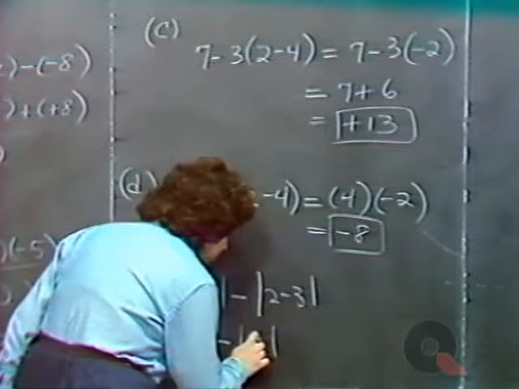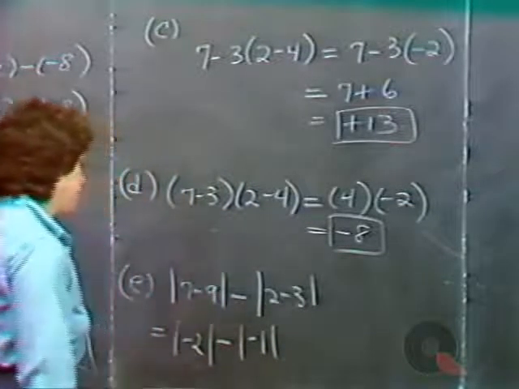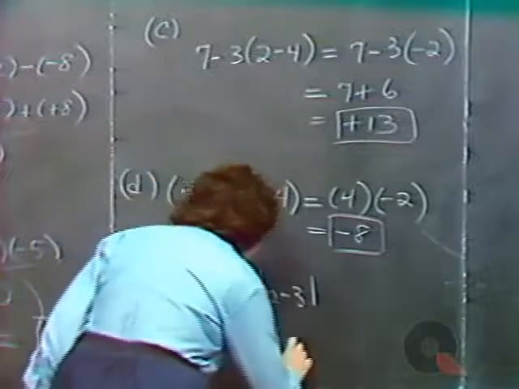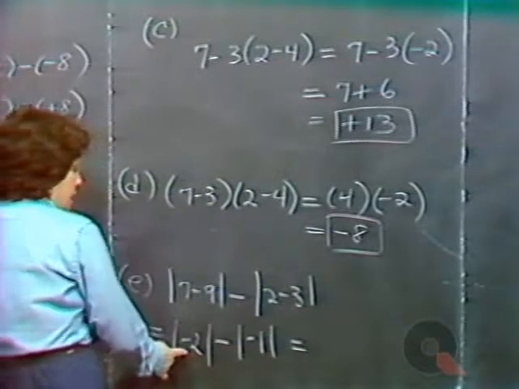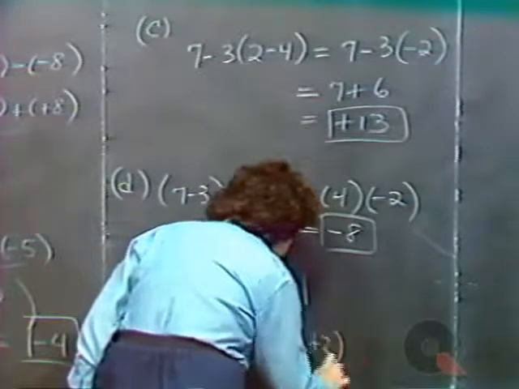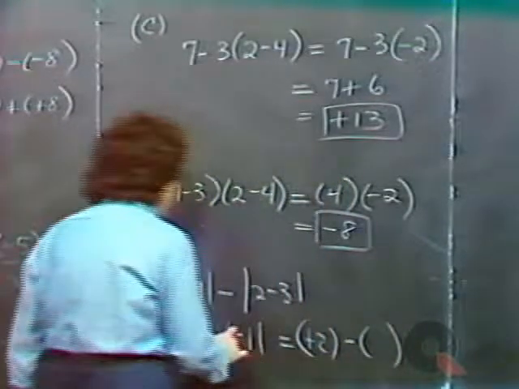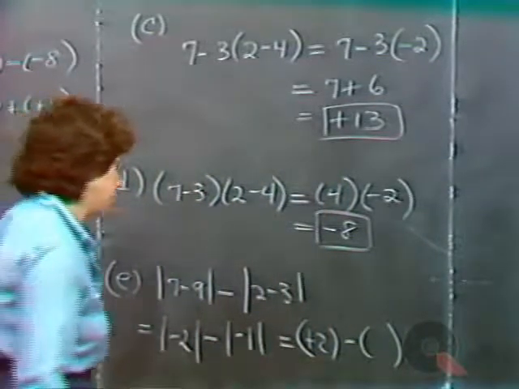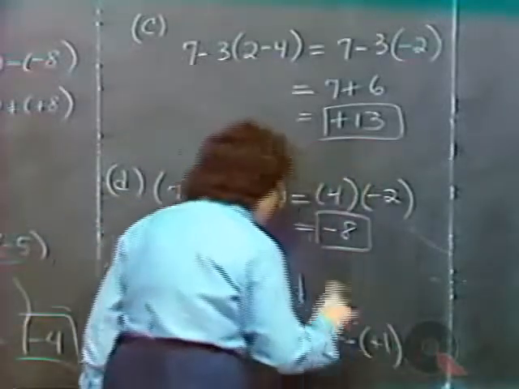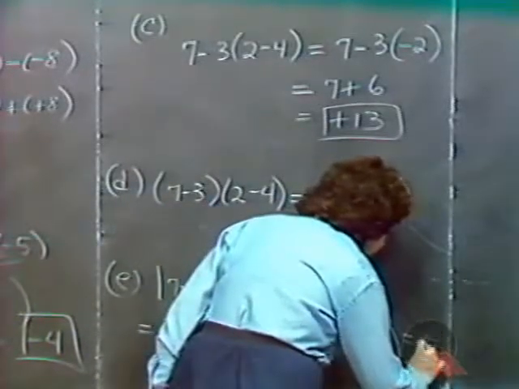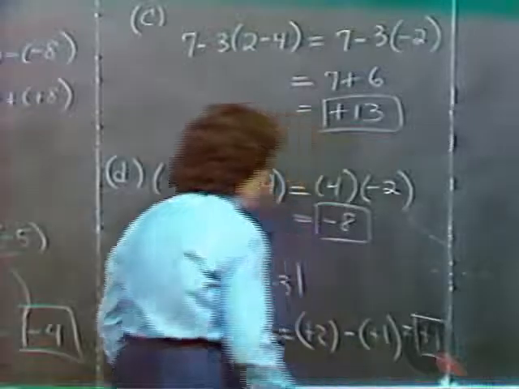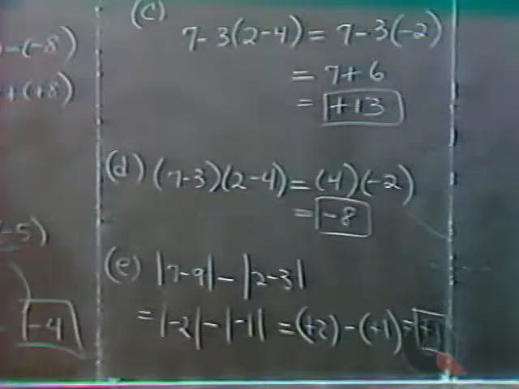Well, 2 minus 3 is minus 1. We need the absolute value of that. The absolute value of minus 2 is plus 2, minus the absolute value of minus 1 is plus 1. 2 minus 1 gives us an answer of 1. So the answer is plus 1.